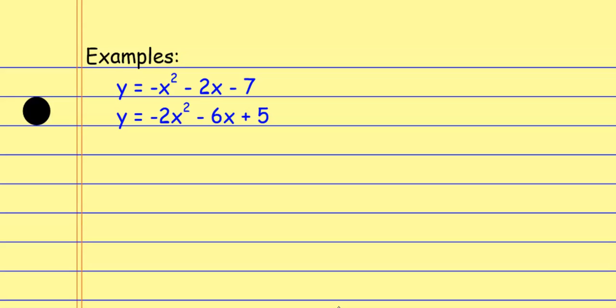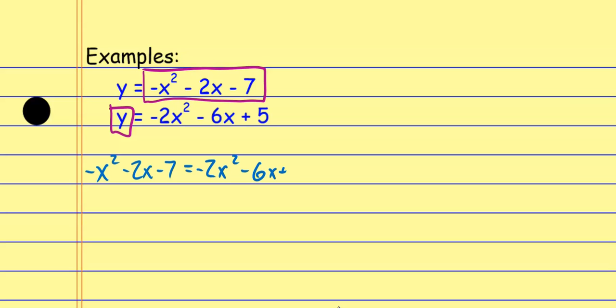And so if I look at this one, once again, substitution is set up really nicely. y equals that thing, so I plug it in for y in the second equation, okay? So let's see, that's a negative x squared minus 2x minus 7 equals a negative 2x squared minus 6x plus 5. And once again, if I'm solving a quadratic, I want to set it equal to 0 first because I always want to try solving by factoring first.